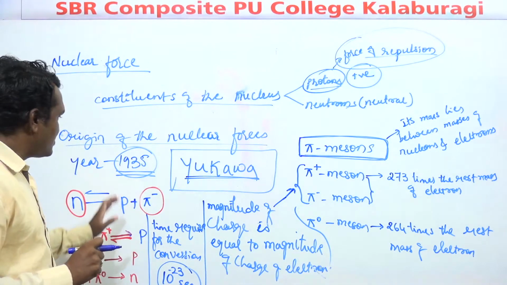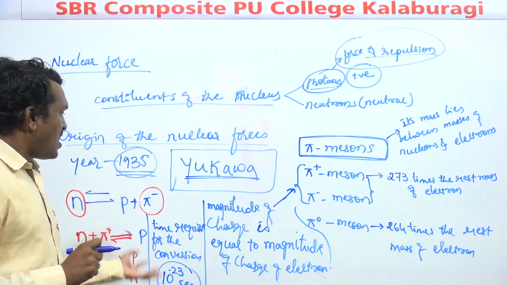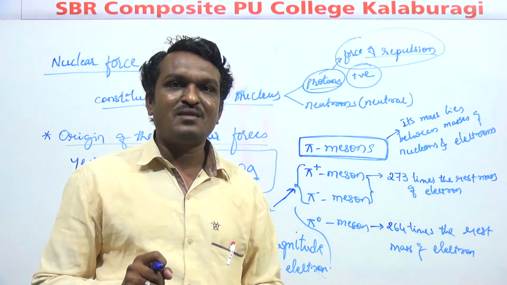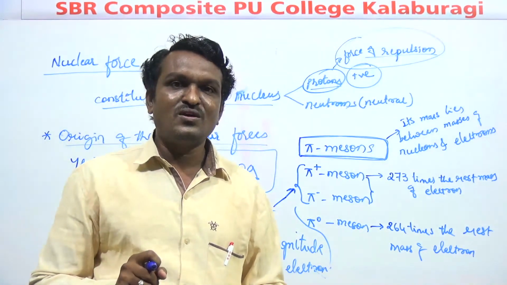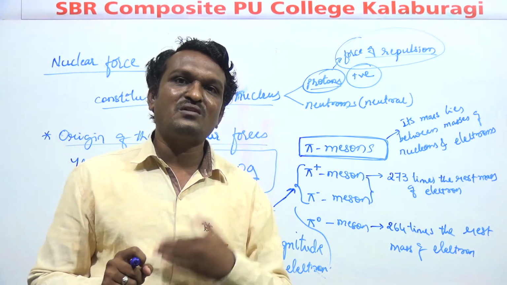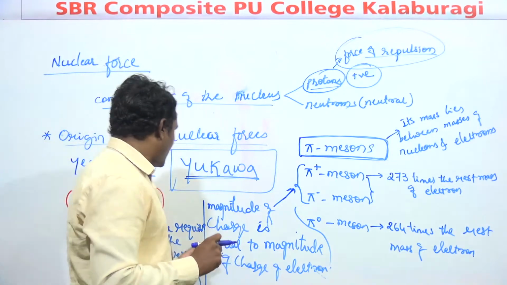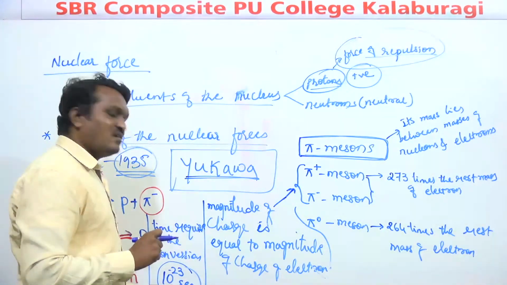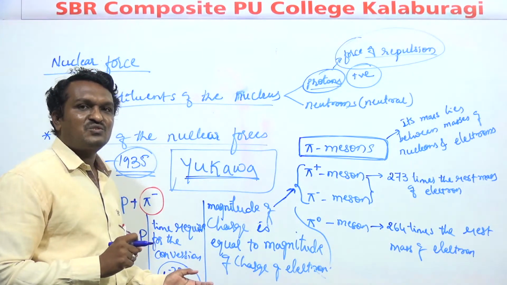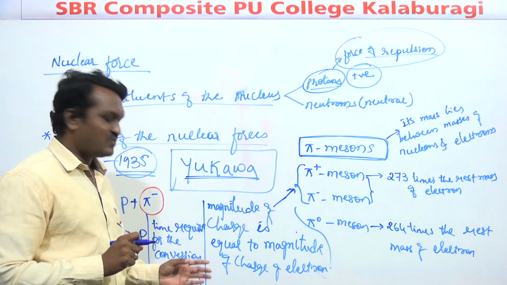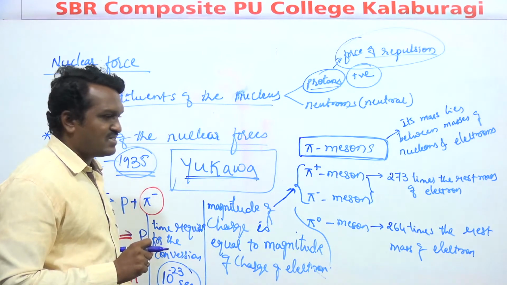What is the time required for the proton to convert into a neutron and a neutron to convert into a proton? The magnitude of the time required is about 10 to the power minus 23 seconds. So in a very, very small time, this exchange of particles takes place.